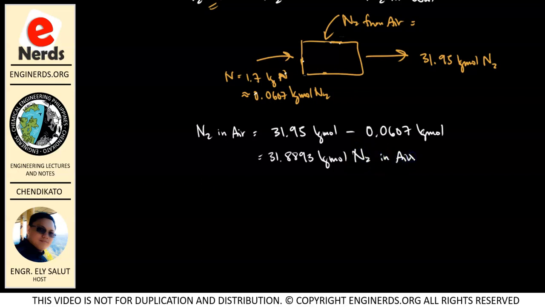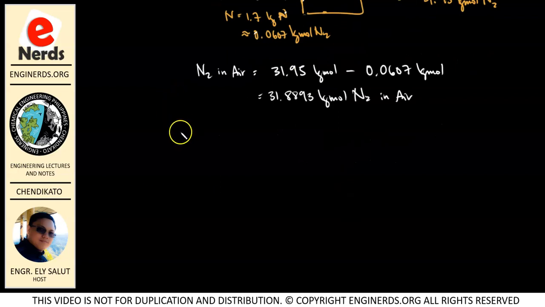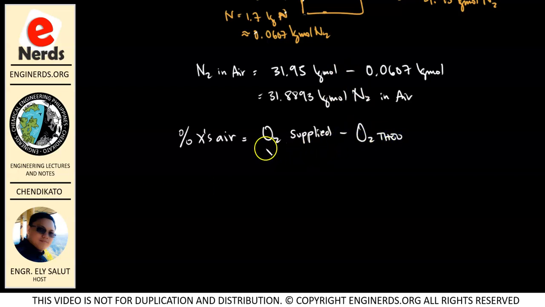Okay? Now, in order to get yung percent excess natin, okay, so we learned from our lecture the percent excess air. Formula natin dyan is equal to O2 supplied minus the theoretical O2 over the theoretical O2, times 100.